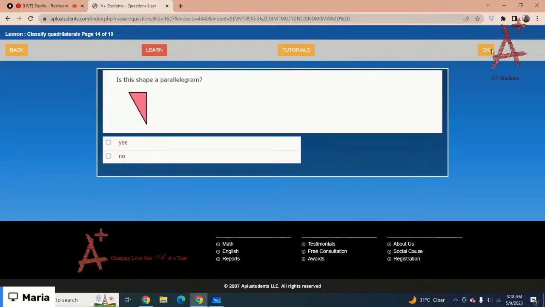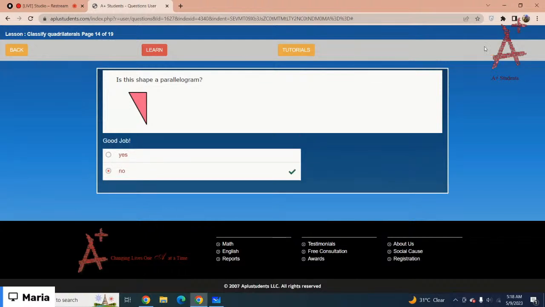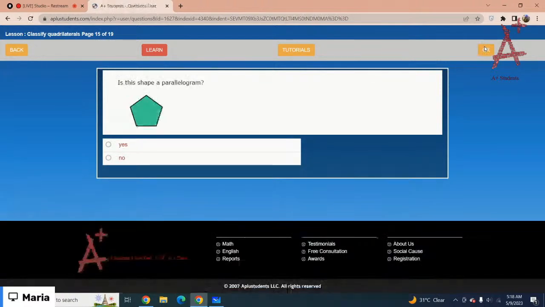Is this shape a parallelogram? No, this is not a parallelogram. Is this shape a parallelogram? No, it wouldn't be a parallelogram.